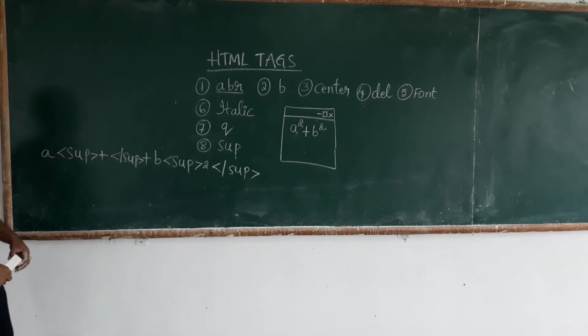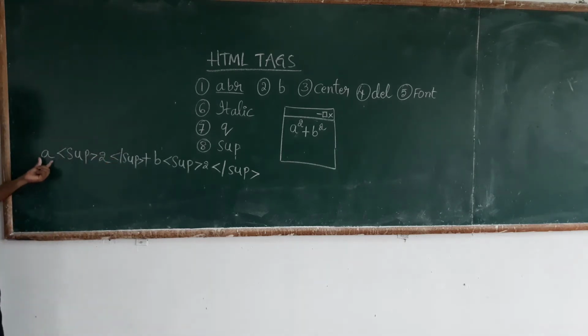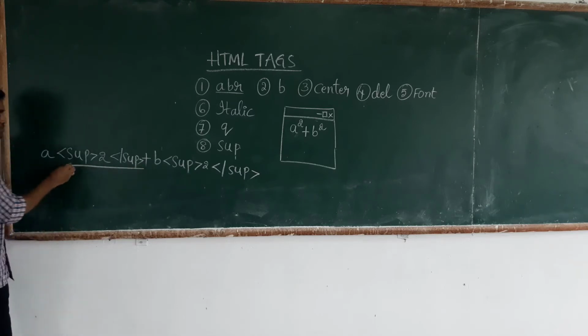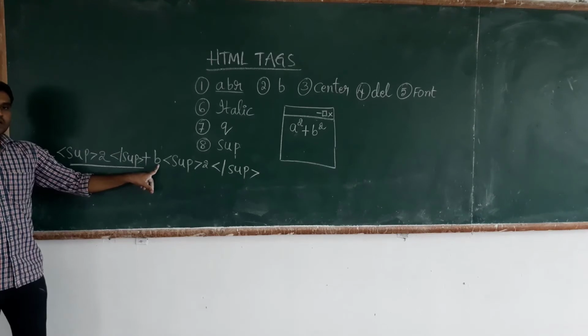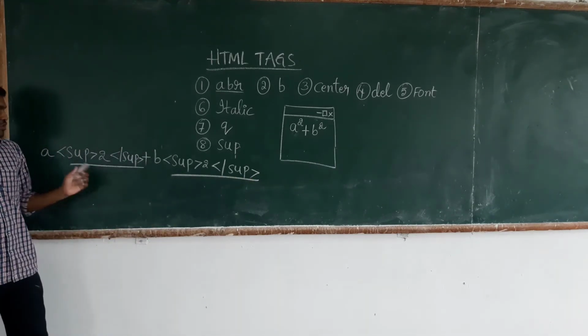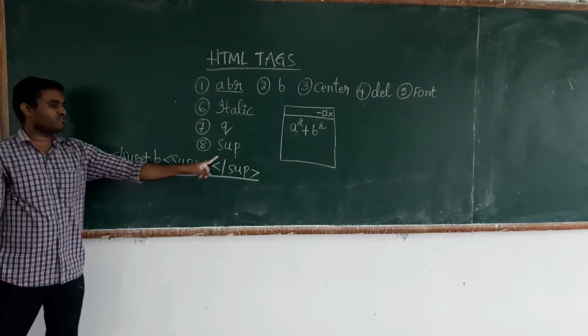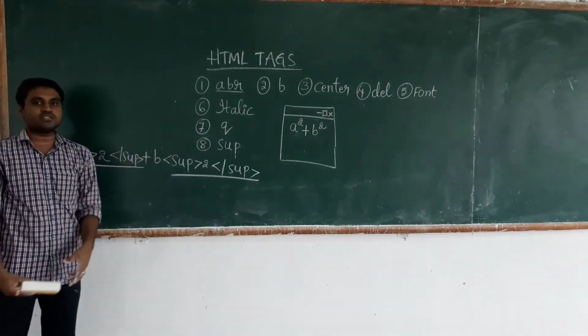So if you write a statement like this, A is normal text, 2 is superscript, plus is again normal text, B is again normal text, 2 is superscript. So A square plus B square. So this piece of code displays A square plus B square.